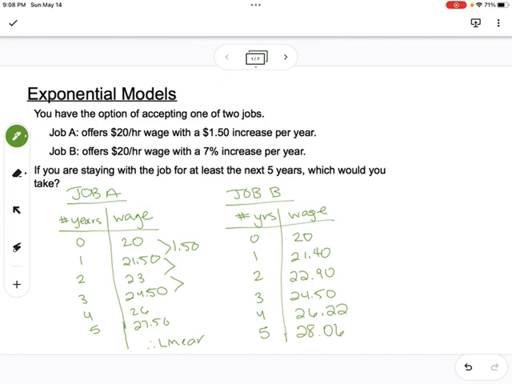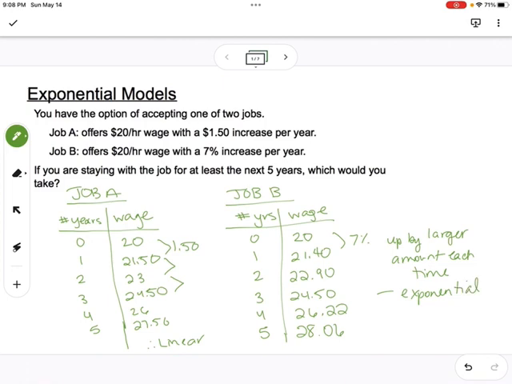Job B is going up by 7% each time, meaning it's going up by a new amount each time. So up by a larger amount each time. Okay, so this is exponential.